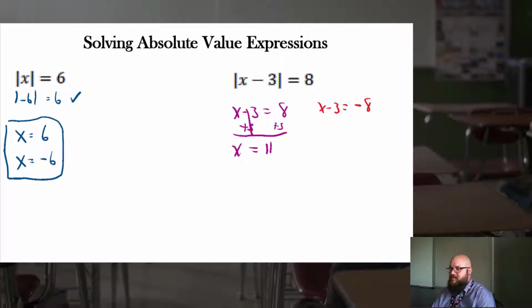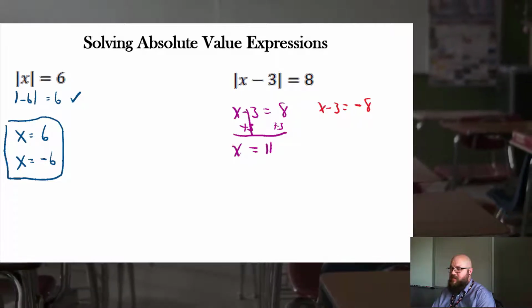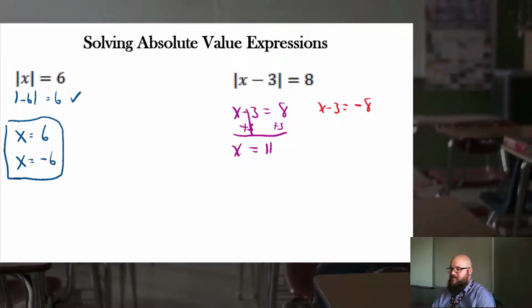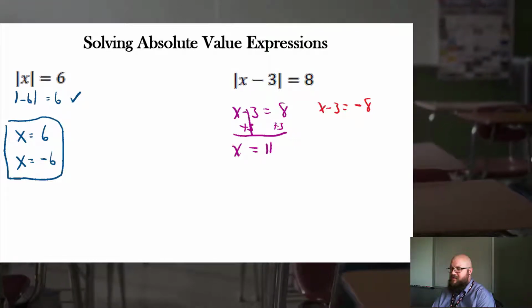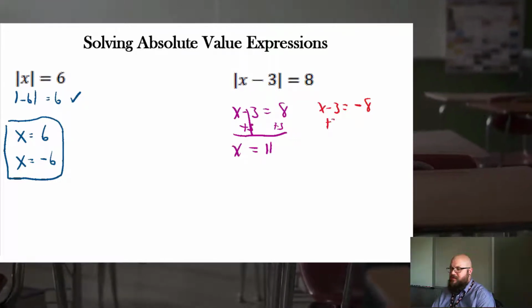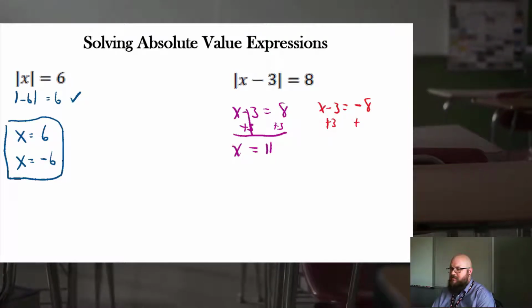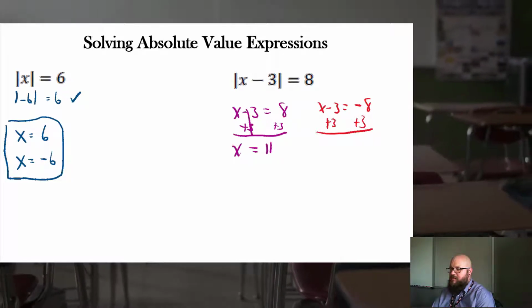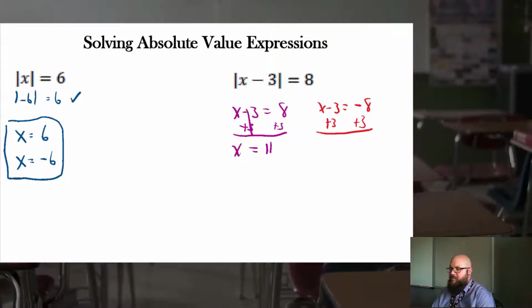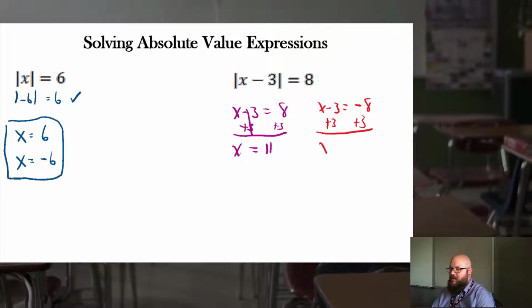But first, let's also see what we get for this other x value. Now, instead of subtracting 3 from both sides, we need to add 3. We do the opposite here, so add 3 to both sides. And now we're going to have x.